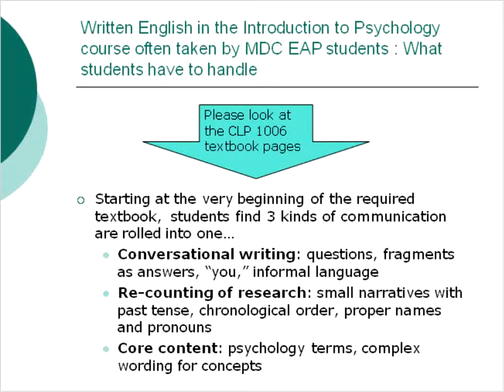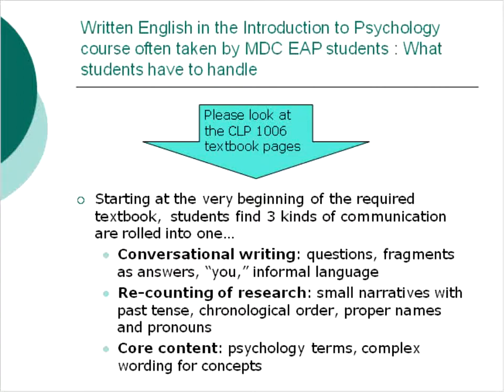If you look at those first 3 pages of the textbook used in the psychology course, you'll see that from the very beginning, students find 3 different kinds of communication that are rolled into one. There's conversational writing, where the writer asks questions and uses fragments as answers and addresses you as the reader, with very informal language.